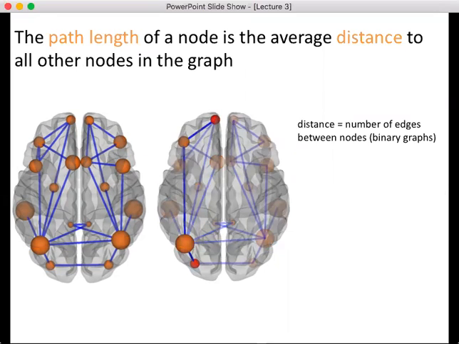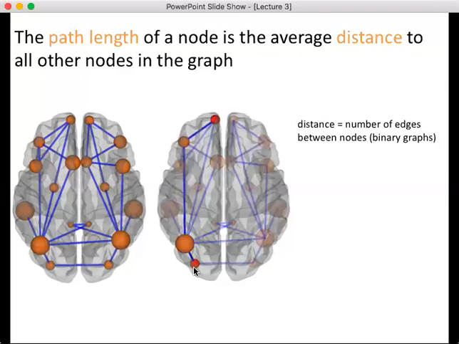Another example of an important measure is the path length. So the path length between two nodes, let's say this node here and this node here, is the minimum distance between these two nodes, measured as the number of edges that you need to travel in order to go from this node to this node.